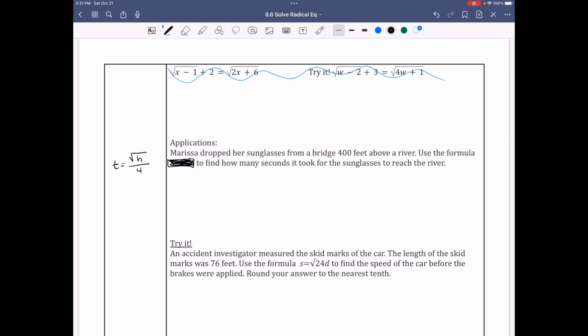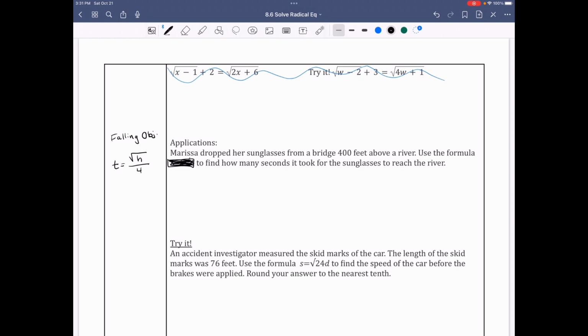And that equation is discussing a falling object on Earth. If the object is dropped from a height of h feet, the time in seconds it'll take to reach the ground is found by using this formula.